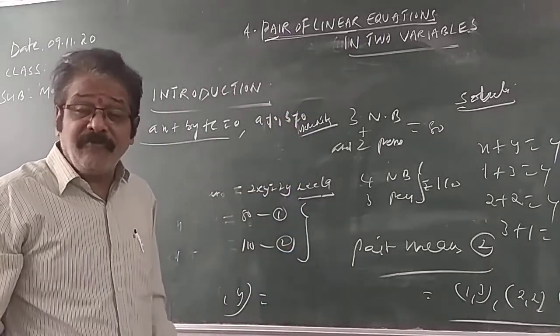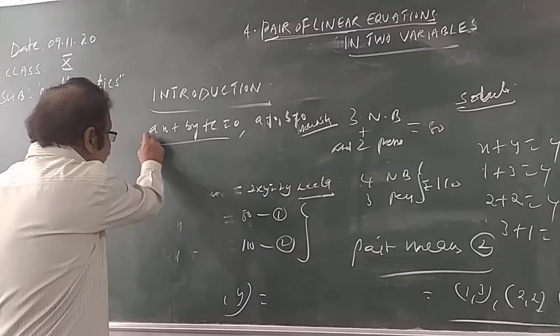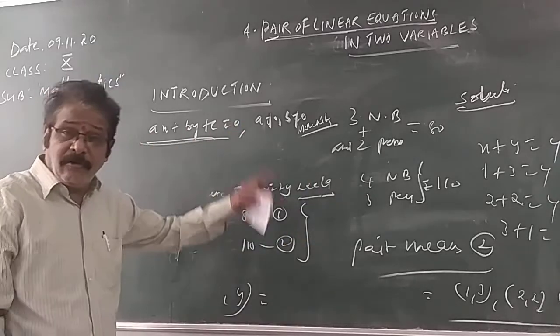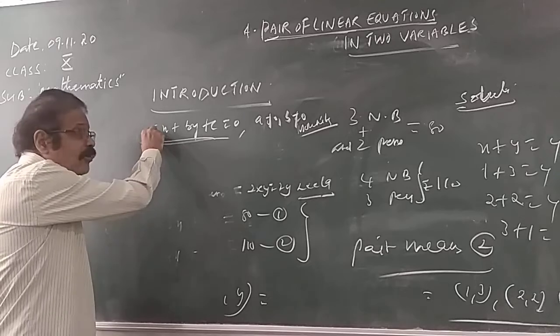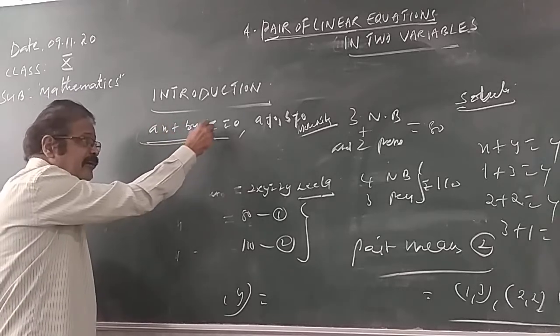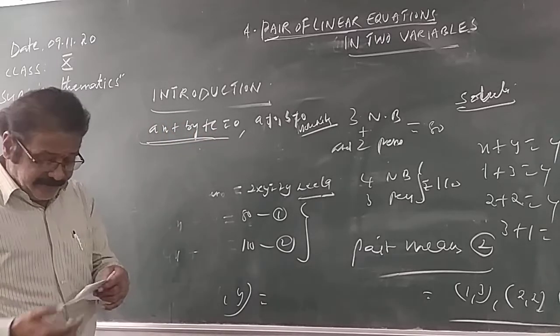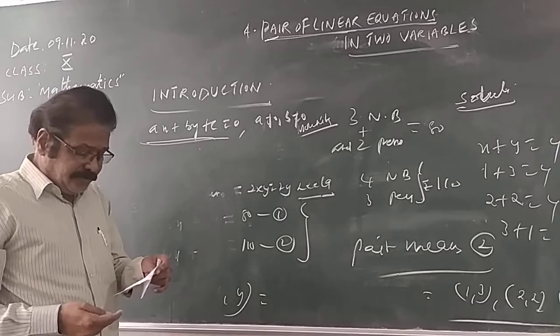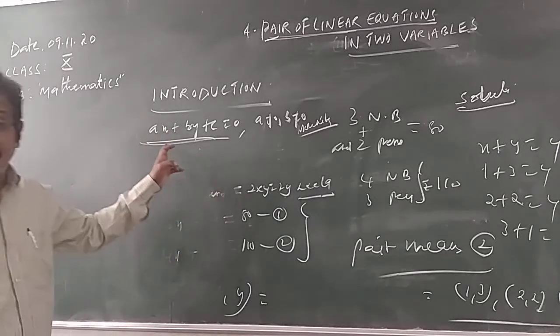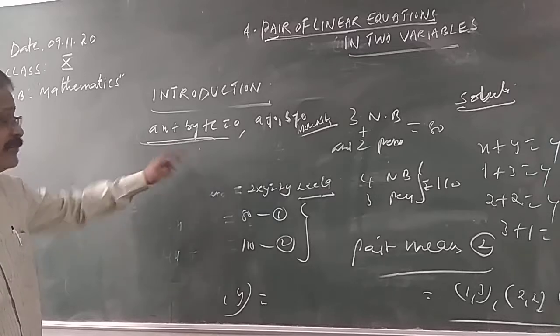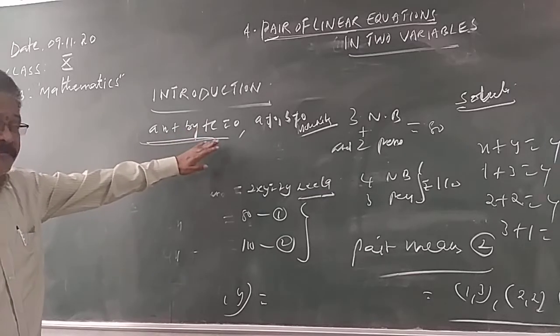Where a is the x coefficient, b is the y coefficient, c is the constant. So the general form of a linear equation in 2 variables is ax plus by plus c equal to 0.